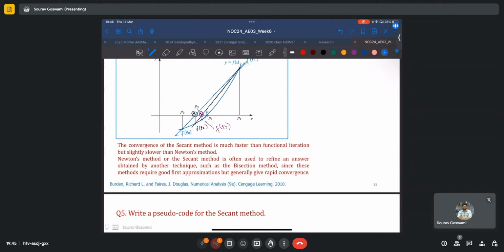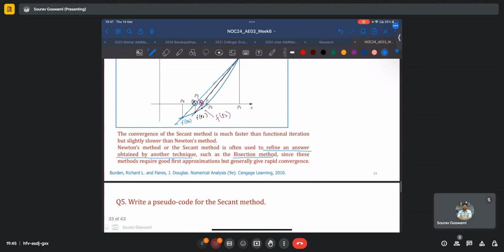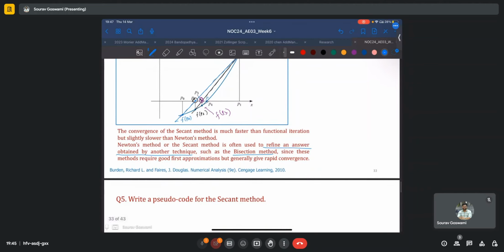And the way to usually implement these methods is that either Newton's or the second method will simply be used to refine an answer which is already obtained by a simpler or more rigorous technique such as, say, the bisection method. And the reason for that is because, as we discussed, how good the initial guess is will often determine how long it takes for the method to converge.